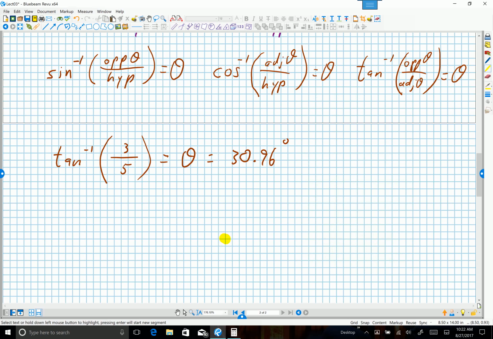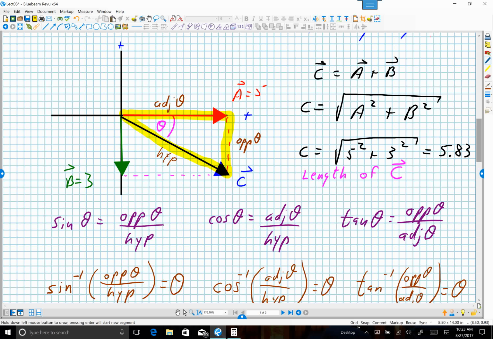Okay, so now I can say that C in this case as a vector is 5.83 units long, angle minus 30.96 degrees, because it's clockwise from 0.